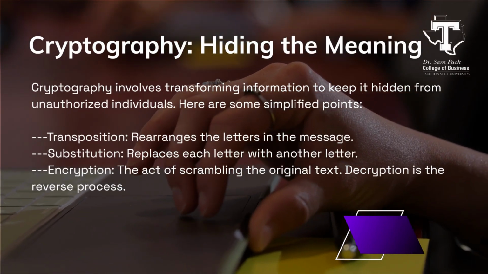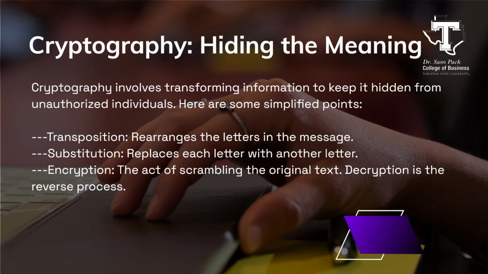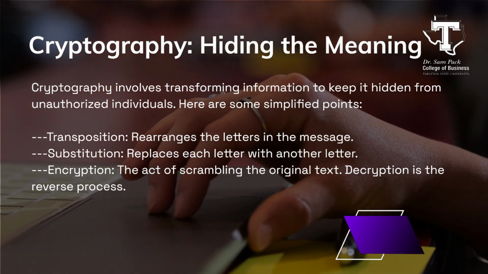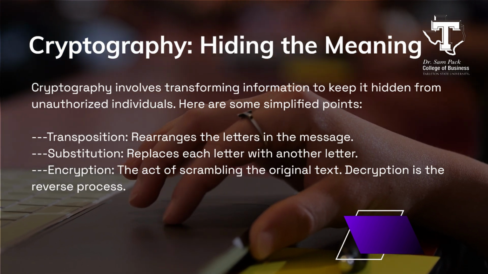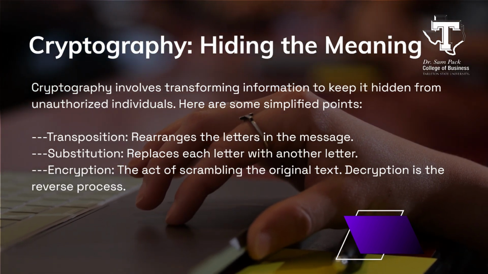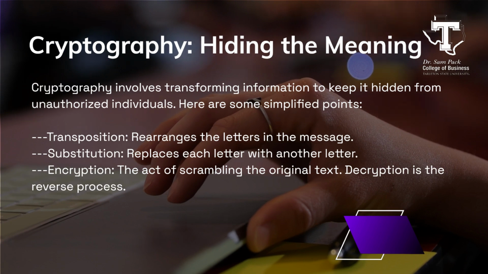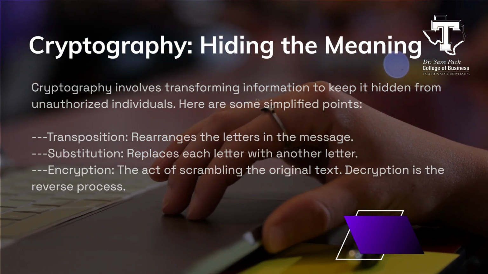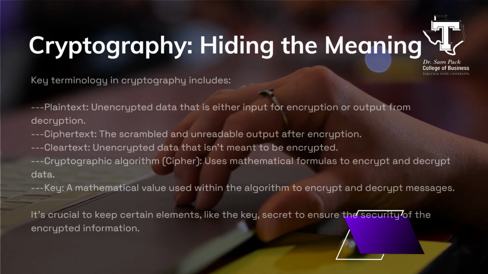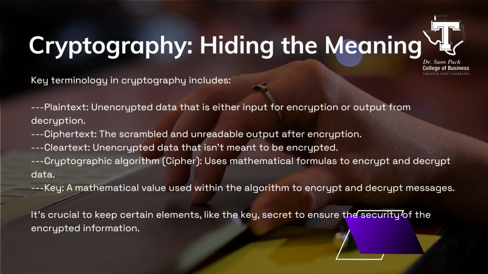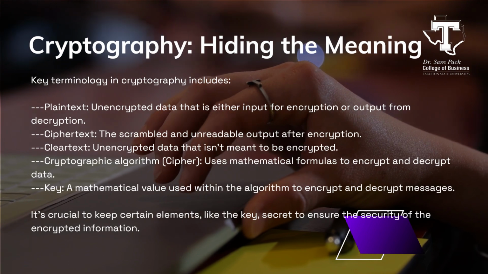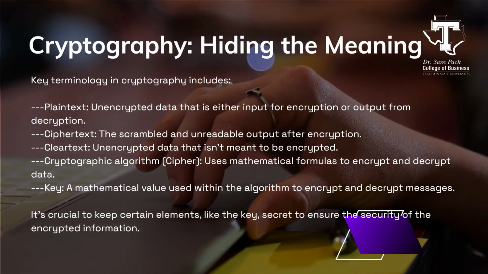Cryptography is like a secret code language used to keep our information safe. By transforming readable data, or plaintext, into a scrambled, unreadable format called ciphertext, cryptography hides information from unauthorized eyes. This transformation happens through encryption, where special mathematical rules, or algorithms, scramble the data.